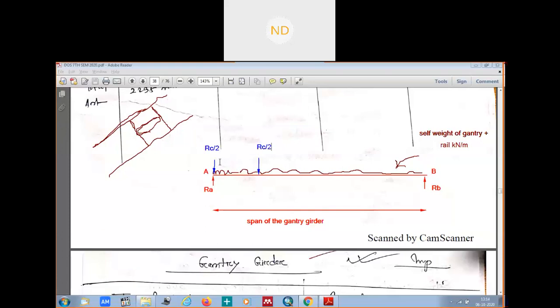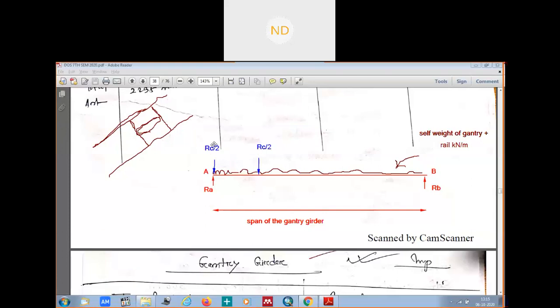Why? Because you remember, in the first class we had calculated the maximum load, or you can say the reaction, which was maximum RC, at that section for the maximum load at minimum approach distance.